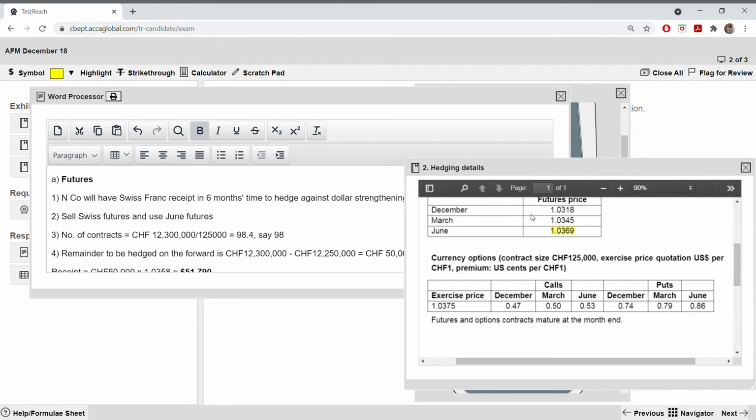We can take the benefit of lower exchange prices, right? That means we'll get higher receipt when we convert. That's the reason they are saying when you don't exercise the option, it's good. Because look at the exchange rate, it's going in our favor. You can benefit from the option when the prices go down.